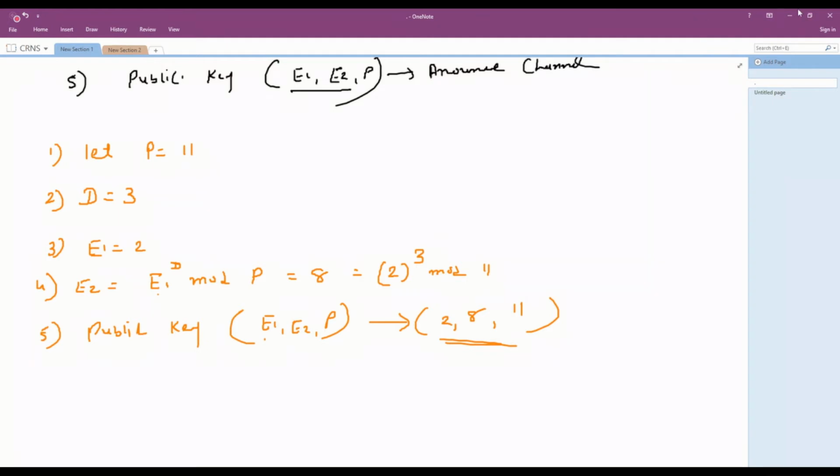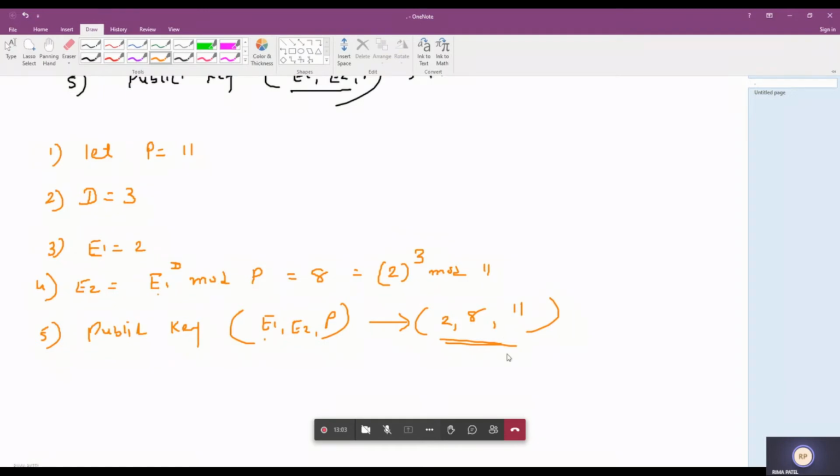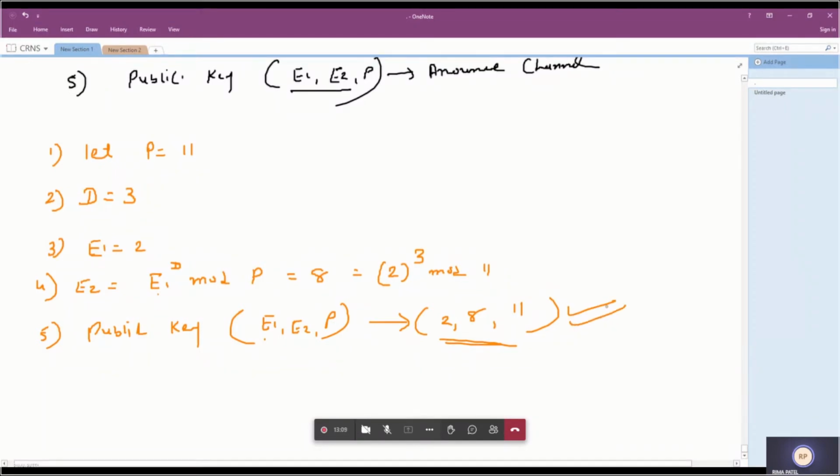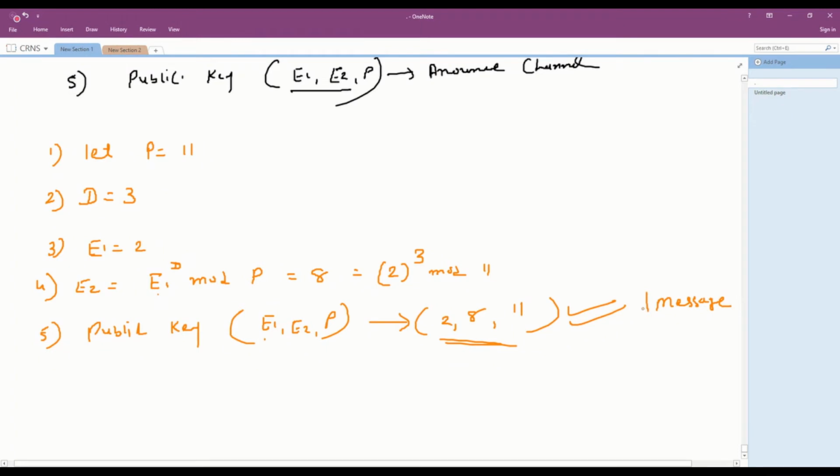Clear, everyone? Yes ma'am. Okay. Now next, you need to do encryption. So for encryption, the very first thing you should have is the public key. Okay. So public key is with you. And you should have the message also, to which you are going to apply the public key for encryption.